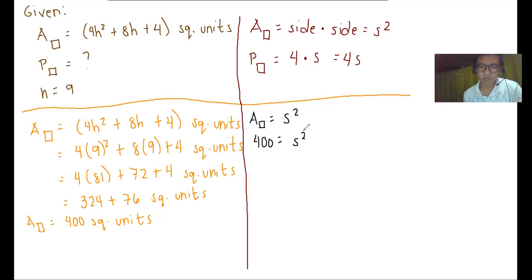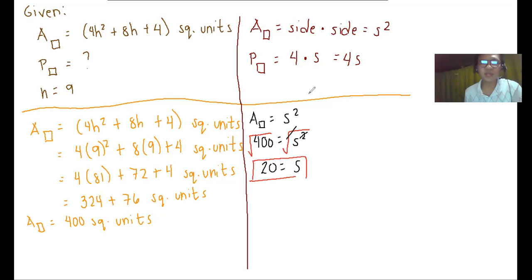So we need to cancel the power of 2, and we will apply the square root. In an equation, whatever we do on the left, we also do on the right. So the square root and the square cancel, and what remains is s. The square root of 400 is 20. So now we have the value of s.